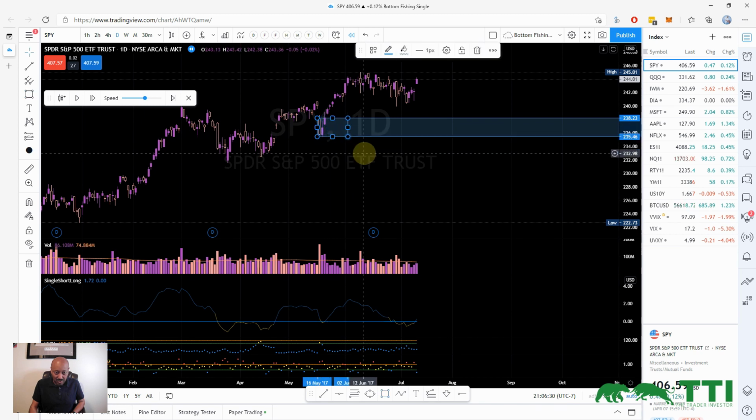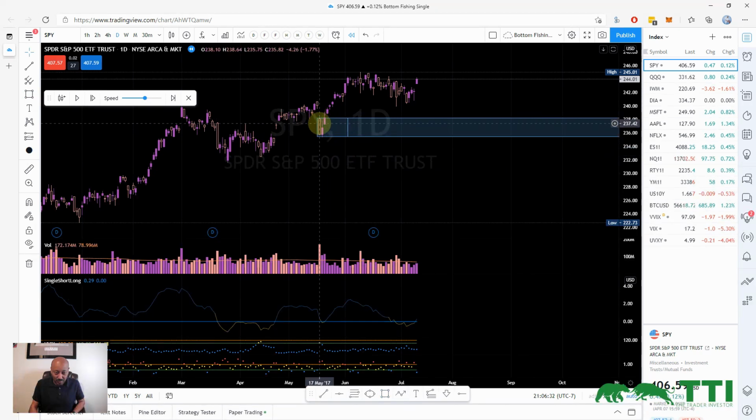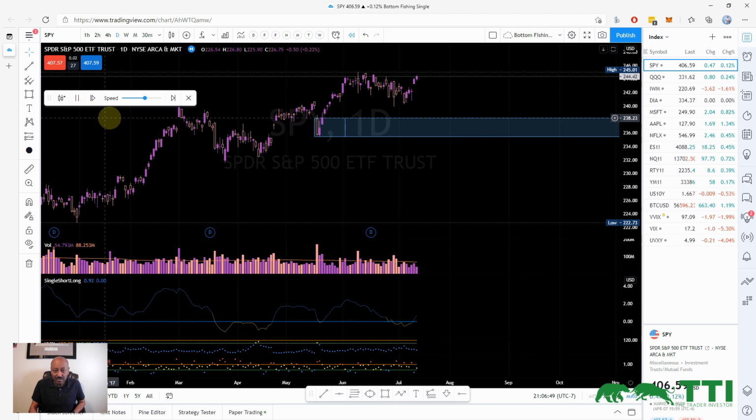So the way I draw it again, from the open of that bearish candle until the low, it could be that same day or the next day, whatever bar makes a low wick, that's where I draw it. This is my order block, and now we just play it out and see what price does.